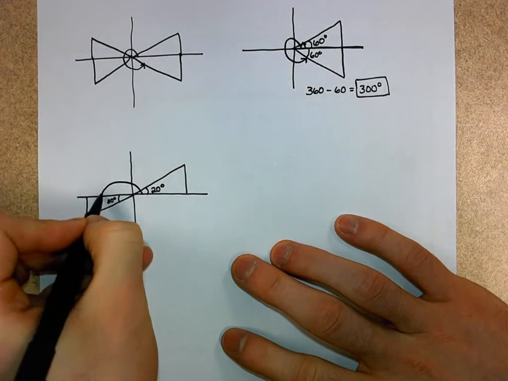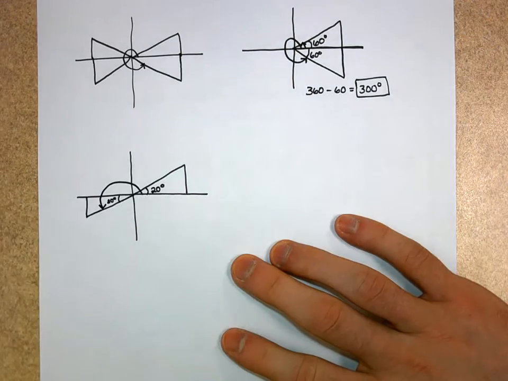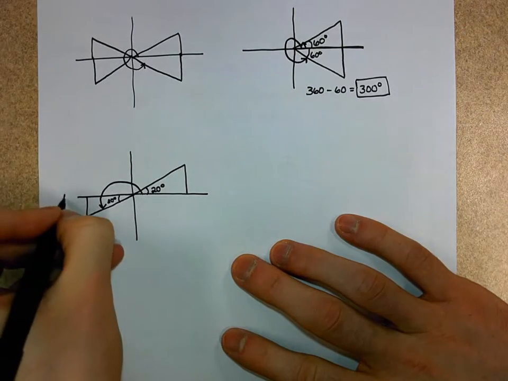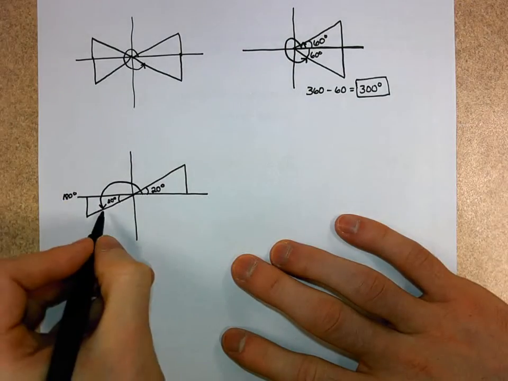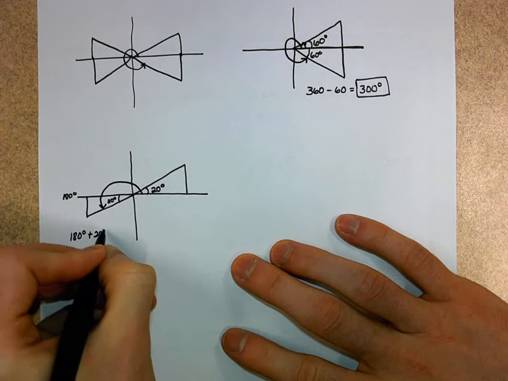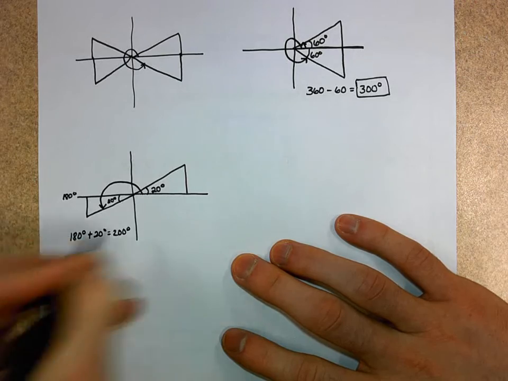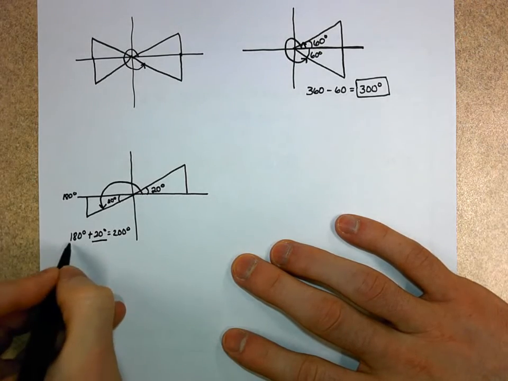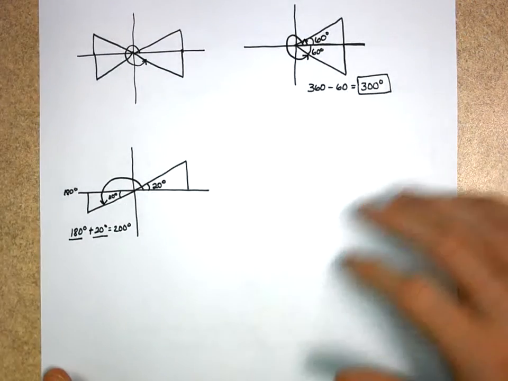And if I'm finding my angle going around in this counterclockwise direction, I know this is 180 degrees. This is 20 degrees past it. So in that case, I would be adding 20 to 180.